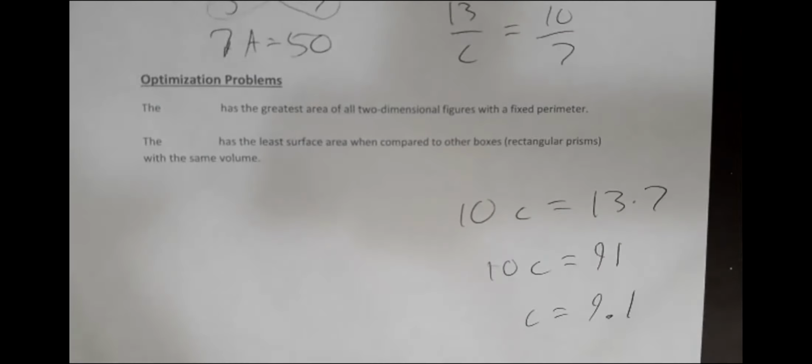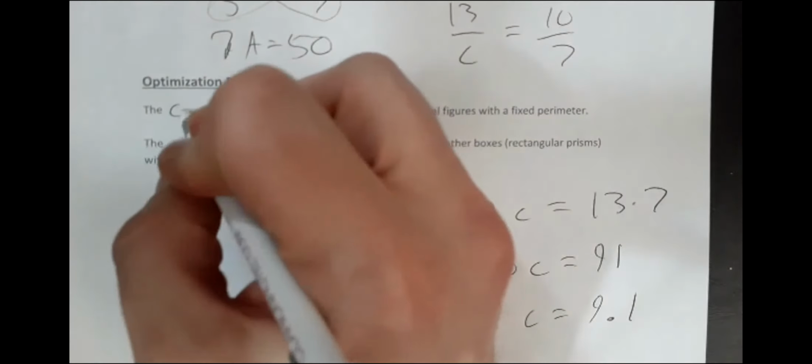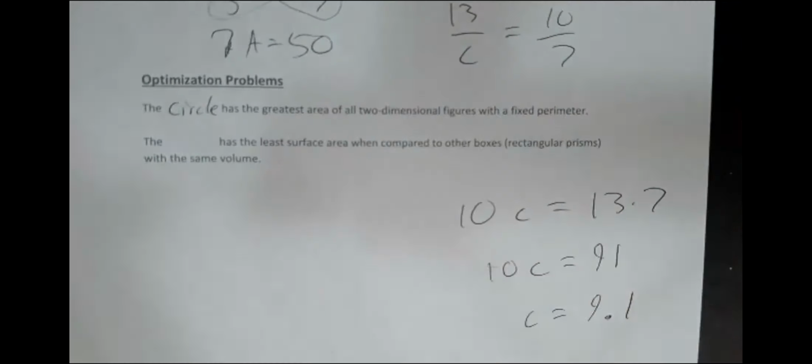There are two last little optimization problems that we want to talk about. The blank has the greatest area of all two-dimensional figures with a fixed perimeter. So if we fix a perimeter, the thing that's going to give us the greatest area is going to be a circle. If we're talking about a quadrilateral, it would be a square.